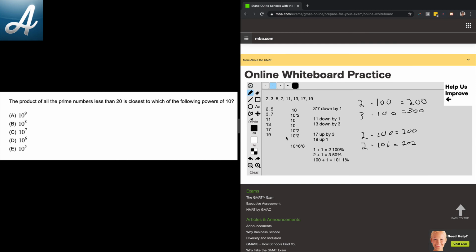And hopefully that makes it really clear that, for instance, the 3-7 estimation that we did, the 21 that we brought down to 20, means more than the 19 that we brought up to 20. So this thing more than makes up for this thing. And that's just one way that you can definitively prove that we are, in fact, closest to 10 to the 7th.